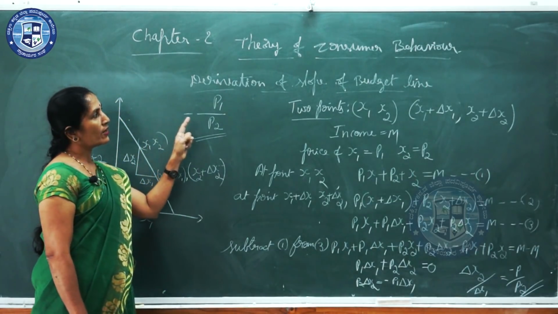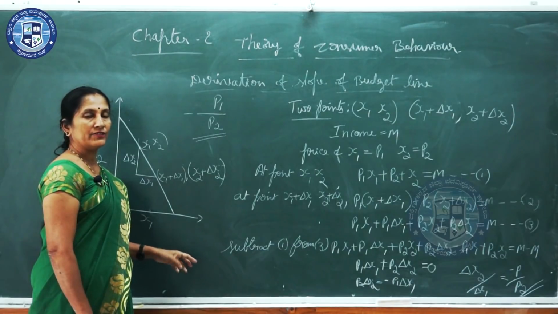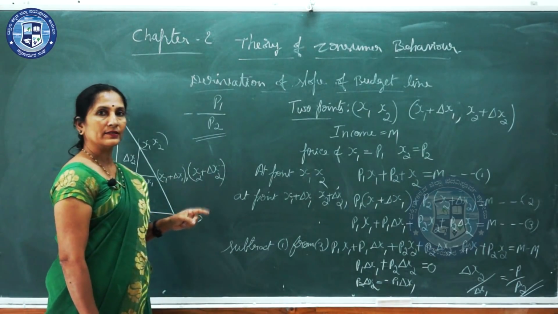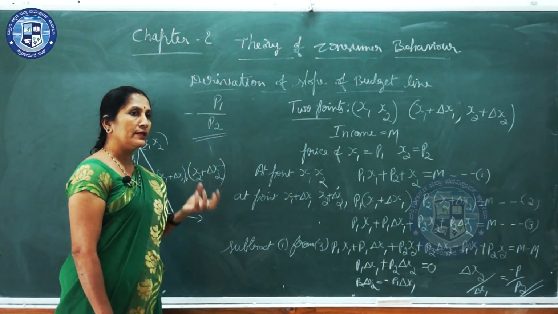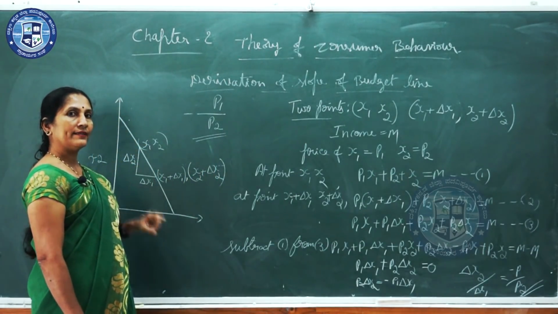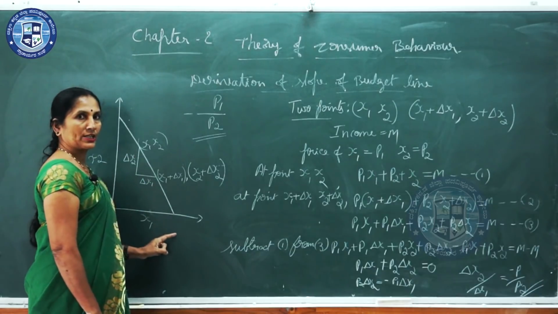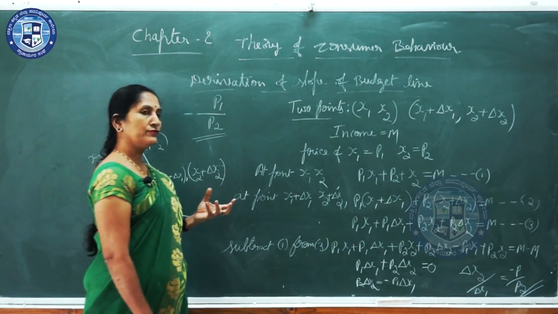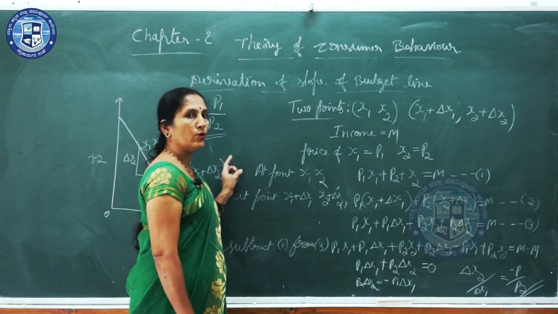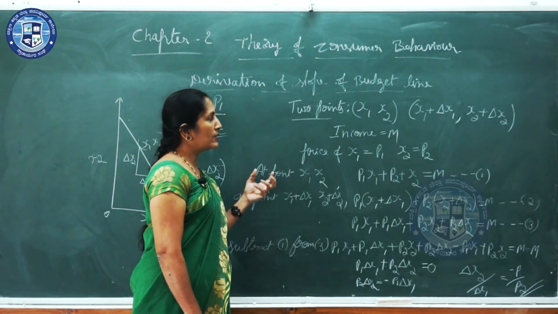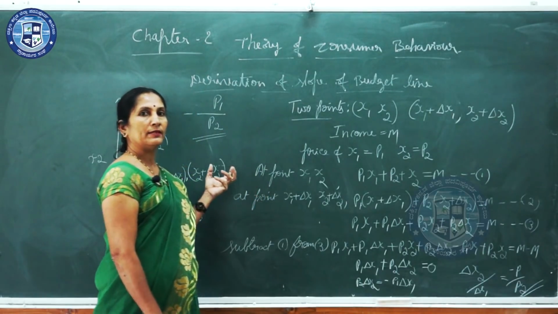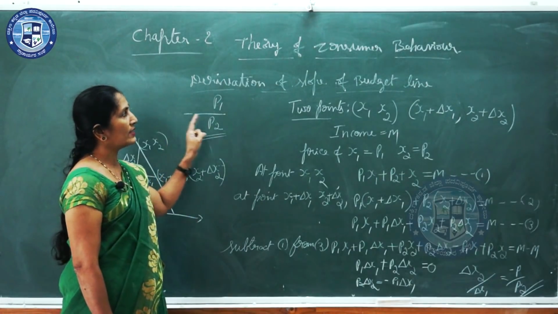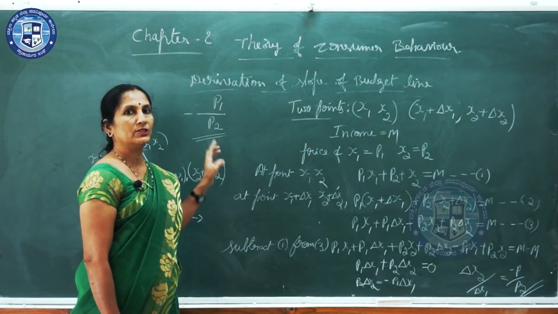So the slope of the budget line measures the quantity of change in one product required per unit change in another product along the budget line. For example, the amount of change in mangoes required per unit of change in bananas on the budget line is called the slope of the budget line.